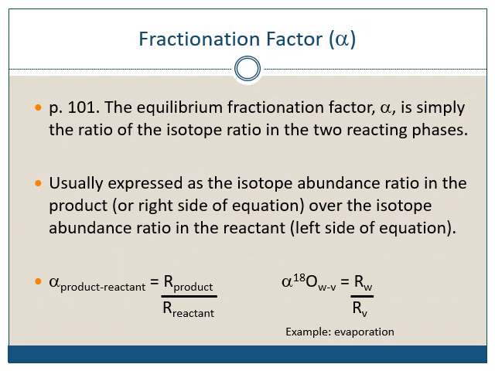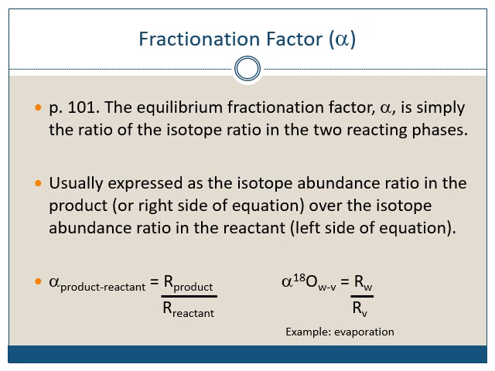So the equilibrium fractionation factor defines the equilibrium condition, just like an equilibrium constant for a geochemical reaction. It's simply the ratio of the isotope ratios in the two reacting phases.